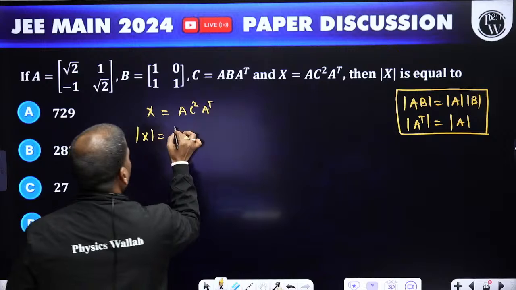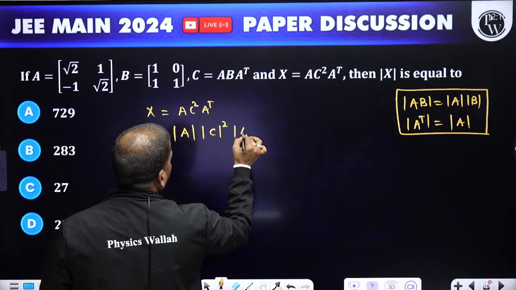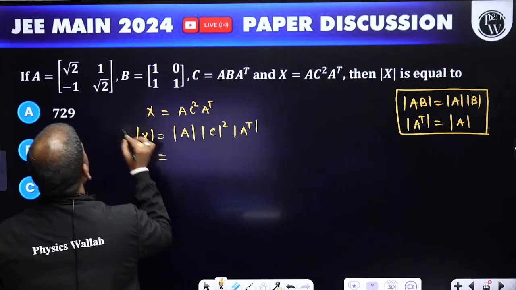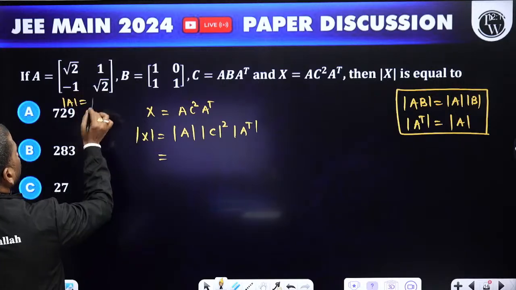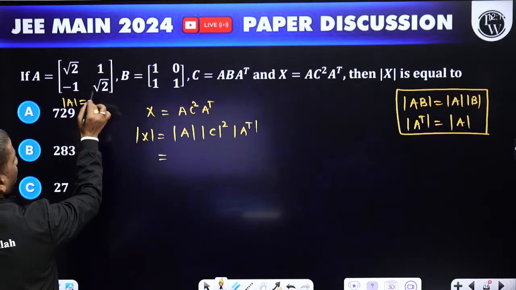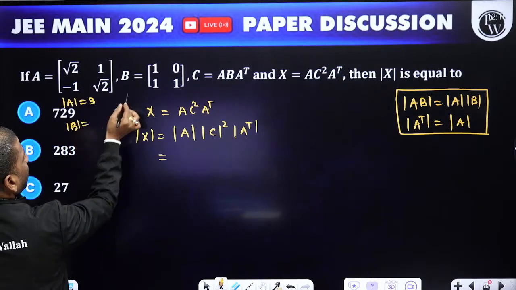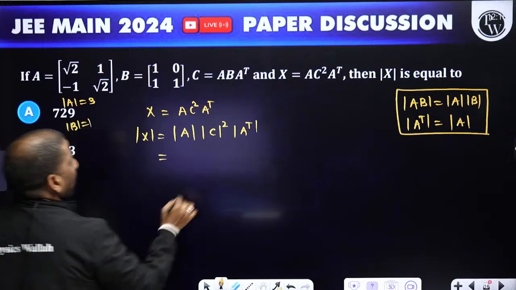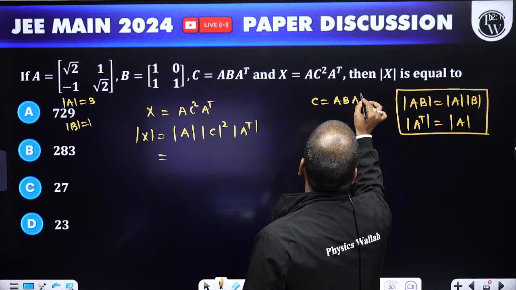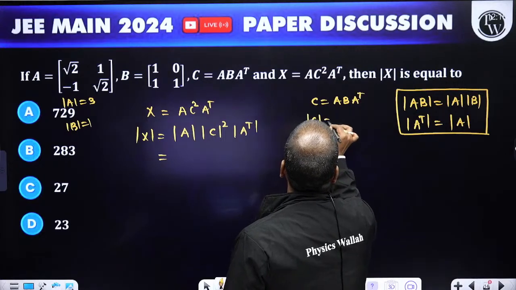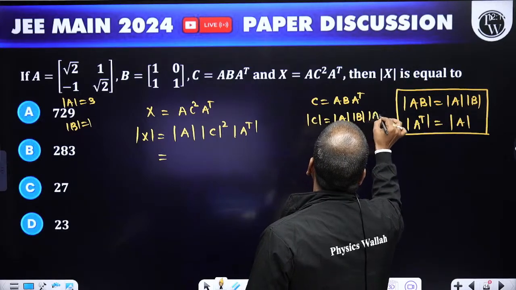When we apply the determinant here, we get determinant of A, determinant of C square, determinant of A transpose. What is the determinant of A? Here determinant of A is equal to 2 plus 1, not minus 1, 2 plus 1, 3. Determinant of B is equal to 1. But we want the determinant of C. C is A B A transpose. Then determinant of C is determinant of A, determinant of B, determinant of A transpose.